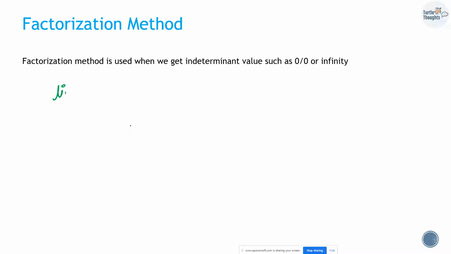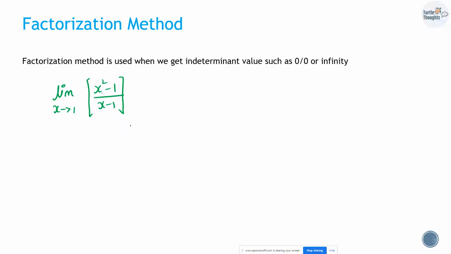So, I can write this as limit of x tending to 1, x square minus 1 over x minus 1. I observed that when I directly substitute 1 in this equation, I am getting 0 divided by 0, and this is indeterminate. So this is not the way to go, right? I'm going to do one thing over here.